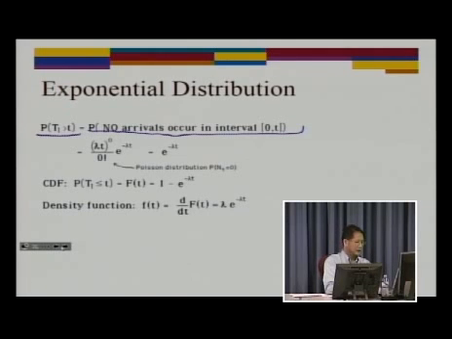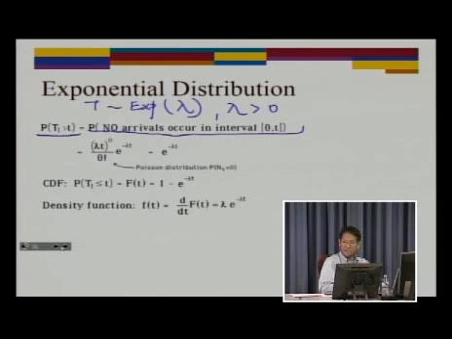Okay? So here, a continuous random variable T, this capital T, is said to have an exponential distribution. Okay? So T has an exponential distribution with parameter lambda. Okay? And we assume that lambda is greater than 0. Okay?